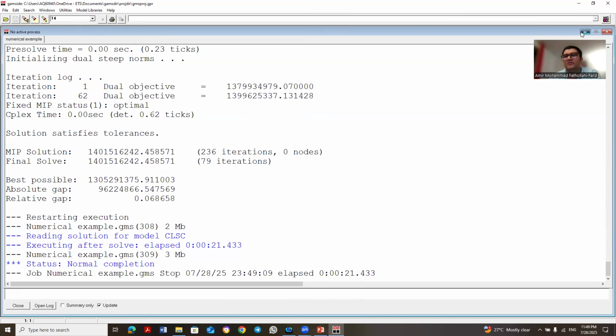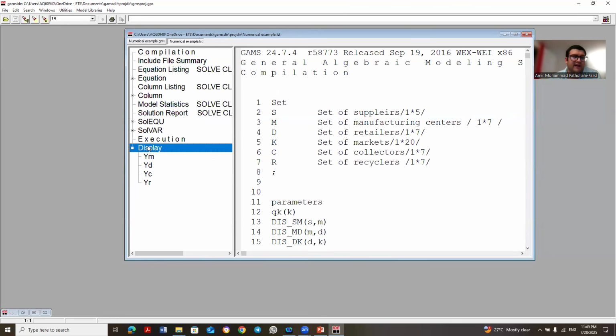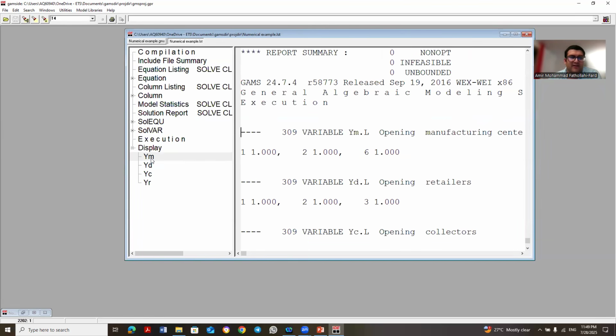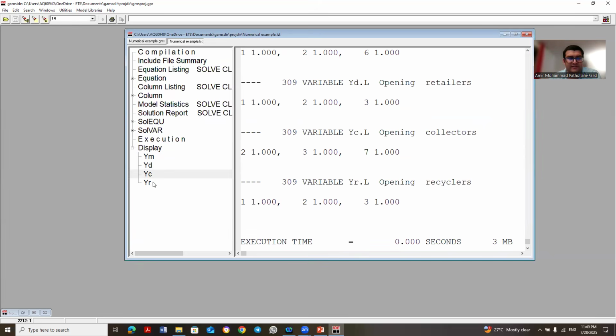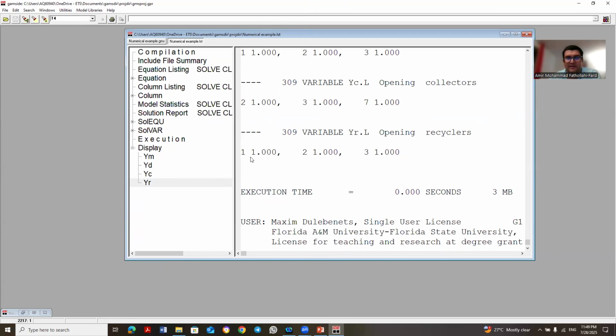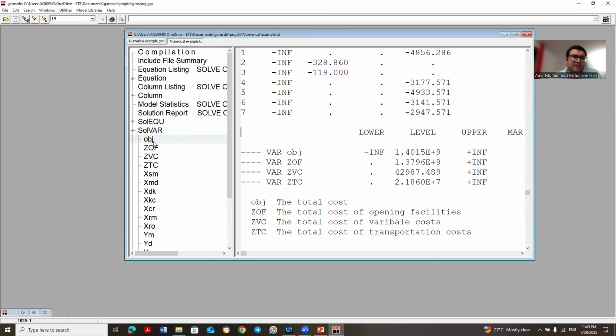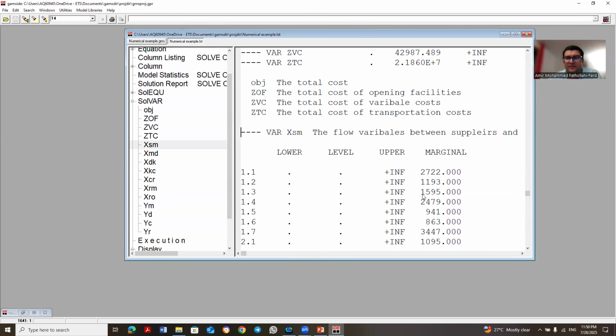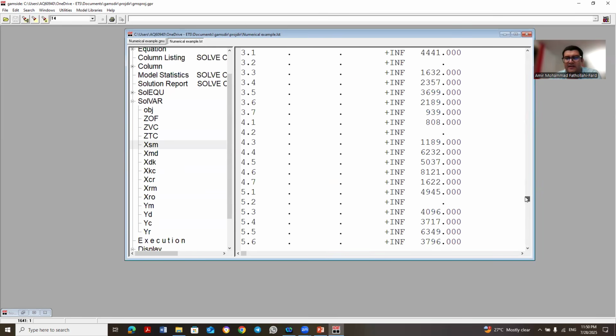And we also can see the values of the variables. For example, for the manufacturing centers, these three centers are selected to be open: center number one, two, and center number six. And for the retailers, collection centers, and recycling centers, we can see which centers have been opened. All other details from the variables and their feasible values are defined.